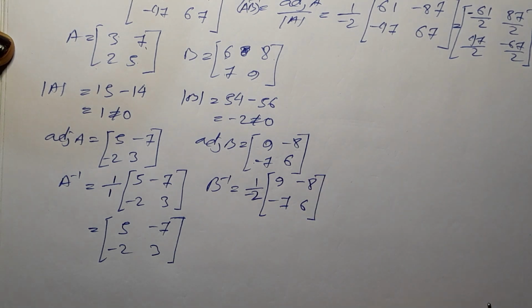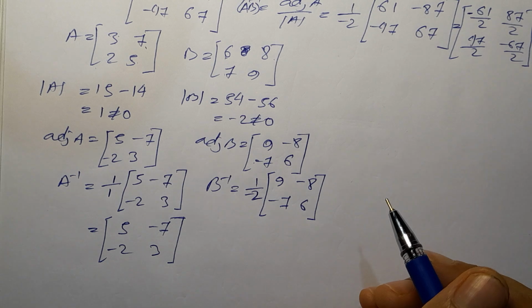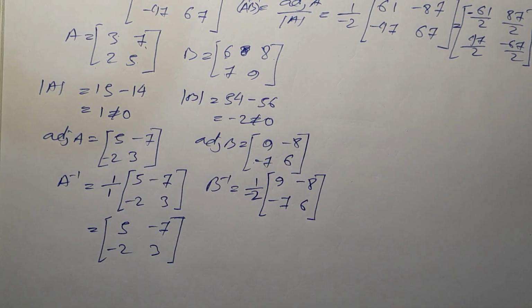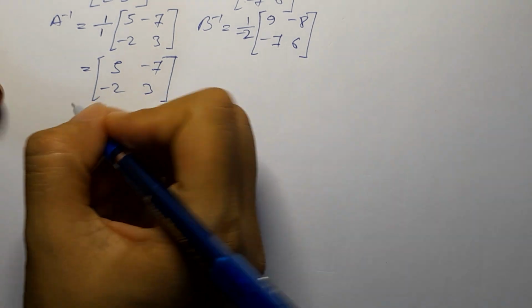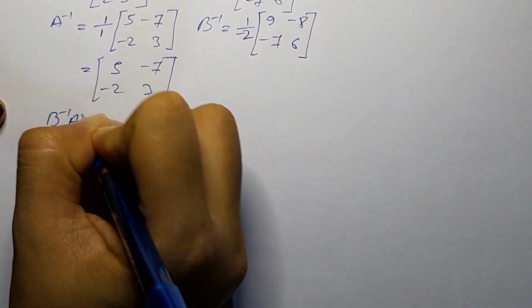So this is the B inverse. We got A inverse and B inverse. Now we are going to multiply B inverse and A inverse.